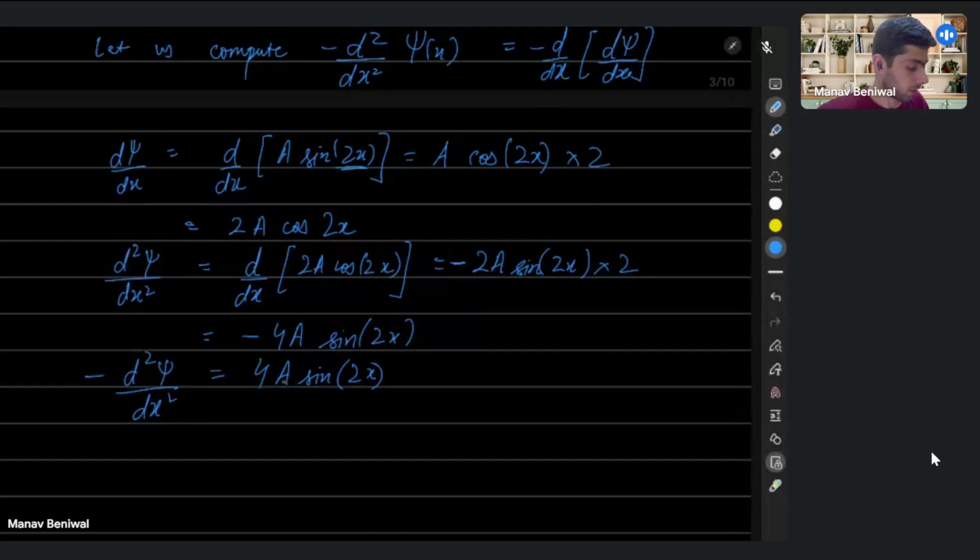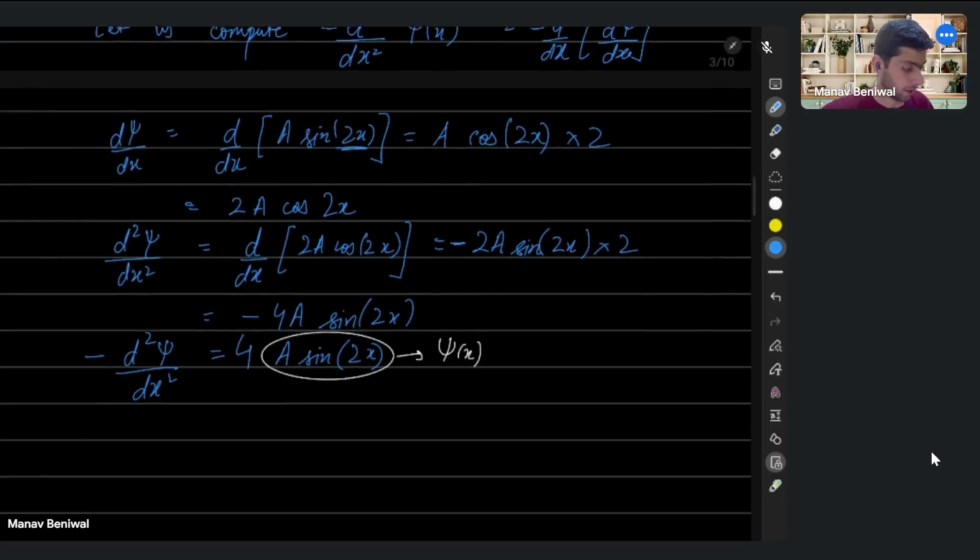Now if we look at this quantity, this is nothing but psi of x.